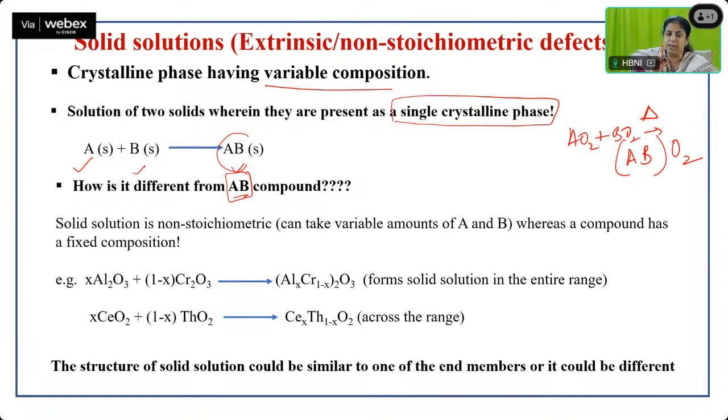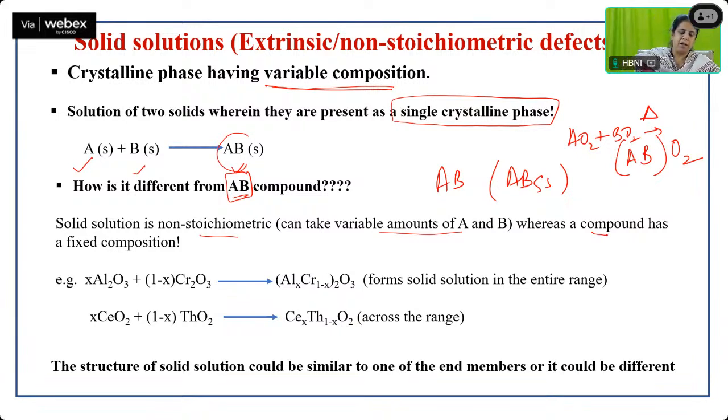A compound has only a single fixed composition, but a solid solution can have variable composition, and that is how we differentiate a compound AB from a solid solution AB. So a solid solution, as I just said, is non-stoichiometric. You need not have a fixed stoichiometry for that. It can take variable amounts of A and B, whereas a compound always has a fixed composition.